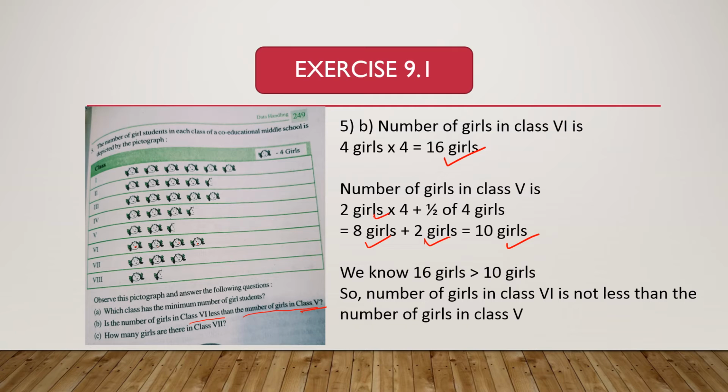And we know that 16 is greater than 10. So the number of girls in class 6 is more than the number of girls in class 5. The question asks whether the number of girls in class 6 is less than in class 5, so it is false. The number of girls in class 6 is not less than the number of girls in class 5.